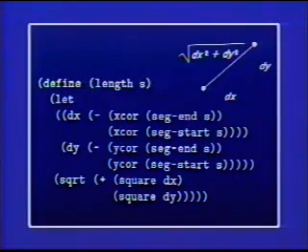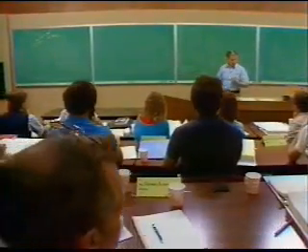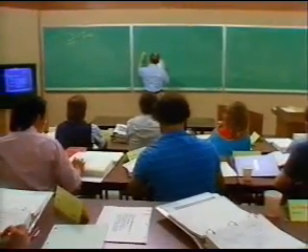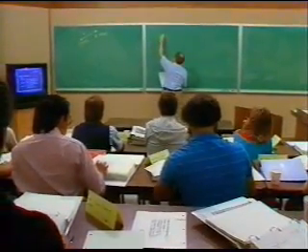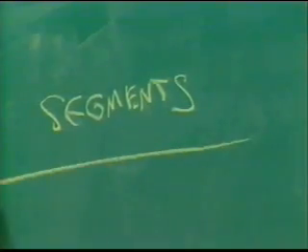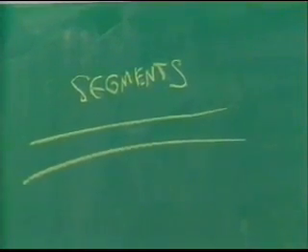And again, what we built is a layered system. Right, we built a system which has, well, say up here there are segments. And then there's an abstraction barrier.